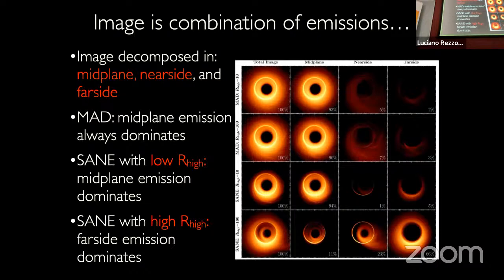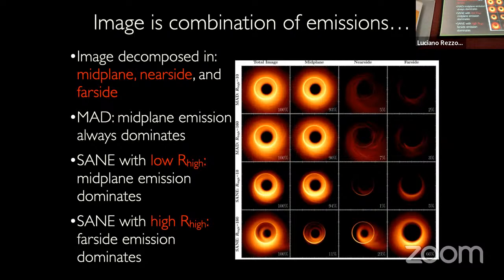I don't know if you can read the number, but this is the percentage of the image produced by the near side jet coming towards us, or the receding jet. So even the receding jet is producing some light in this total picture. And depending on the physical conditions or the thermodynamics, it can actually be the receding jet producing most of the light.